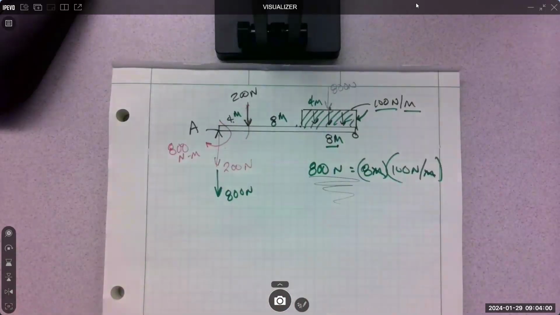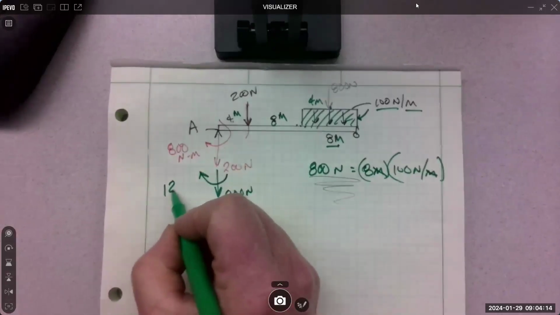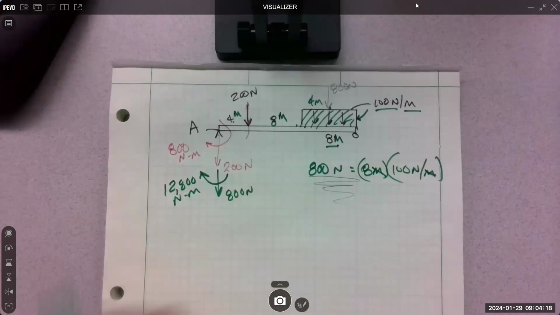So 16, 800 times 16, 12,800 newton meters.